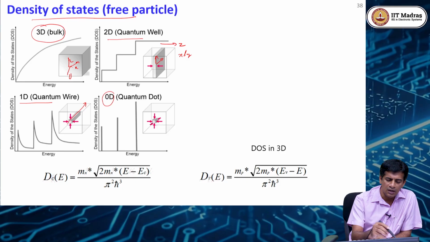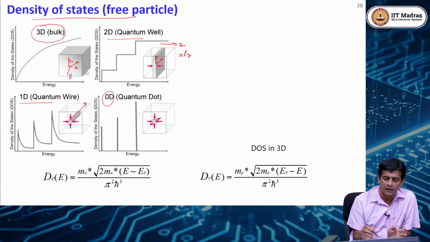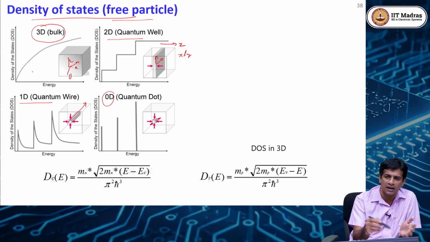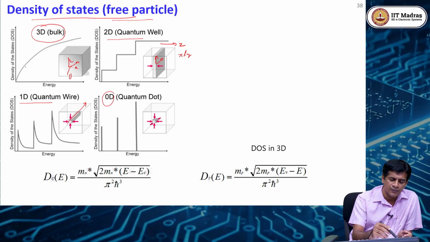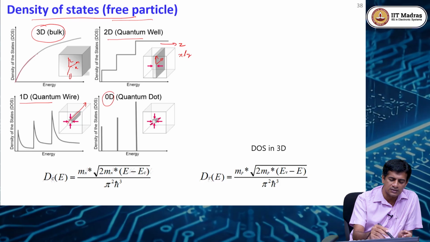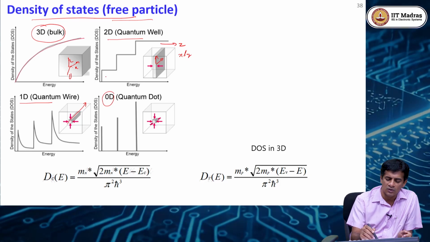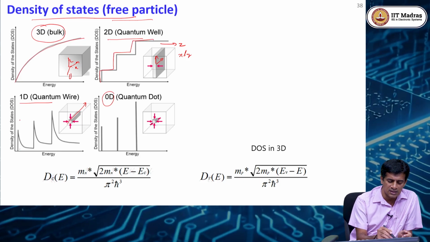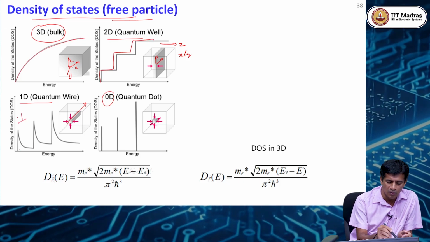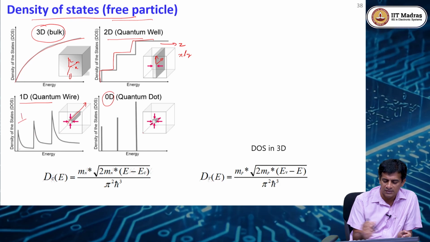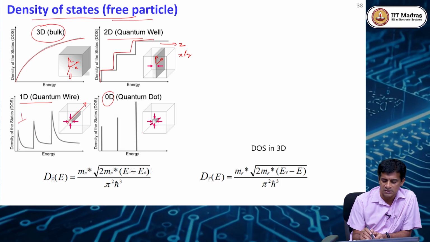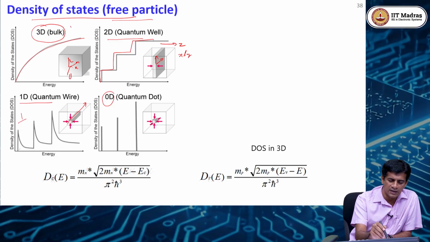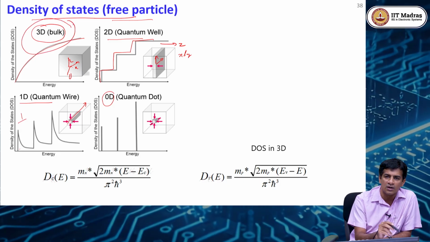You can derive the density of states expression assuming the particles are free particles. There is an analytical expression. For example, in the three-dimensional system, it has the shape of a parabola. In the two-dimensional system, it's a step-like distribution. In the one-dimensional case, it is like a 1 over root expression, and in the zero-dimensional case these are all finite energy levels. So we will take this expression, which is why it's called the parabolic approximation.